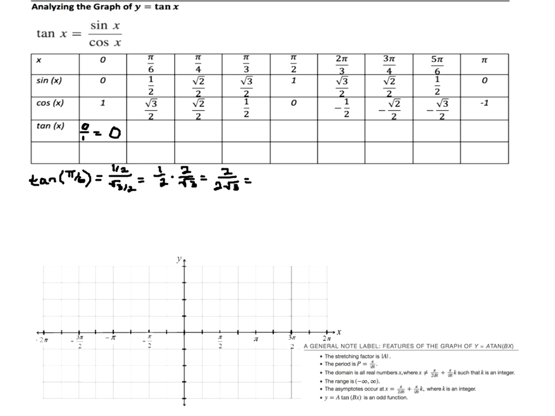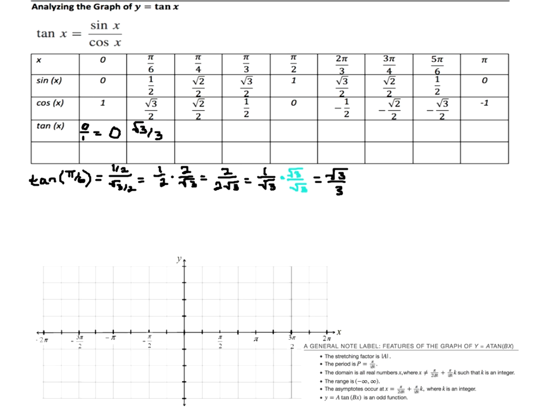My 2's divide out, and I get 1 over the square root of 3. I can't leave that with the root in the denominator, so I need to rationalize it by multiplying by the square root of 3 over the square root of 3. And finally, I get square root 3 over 3.